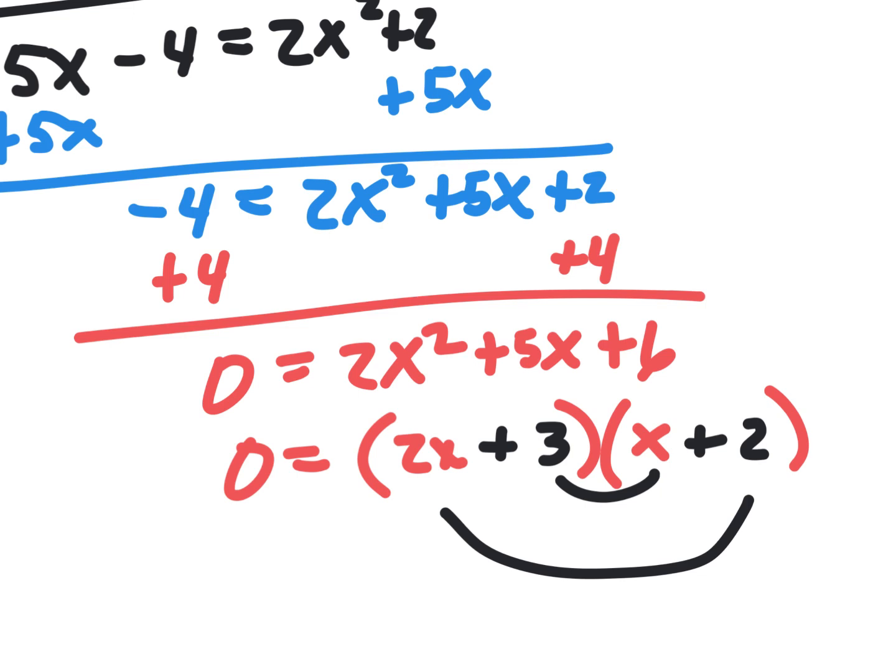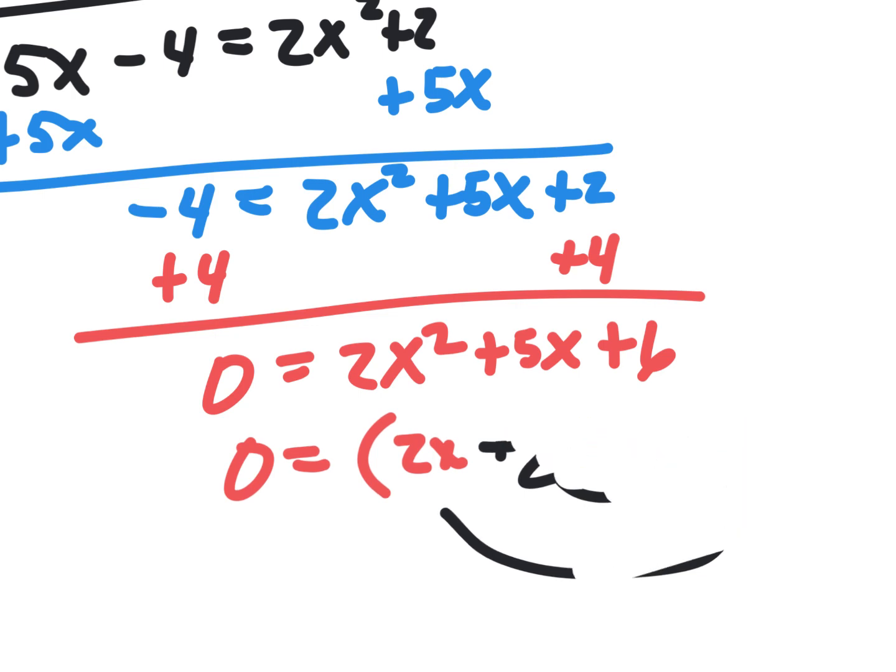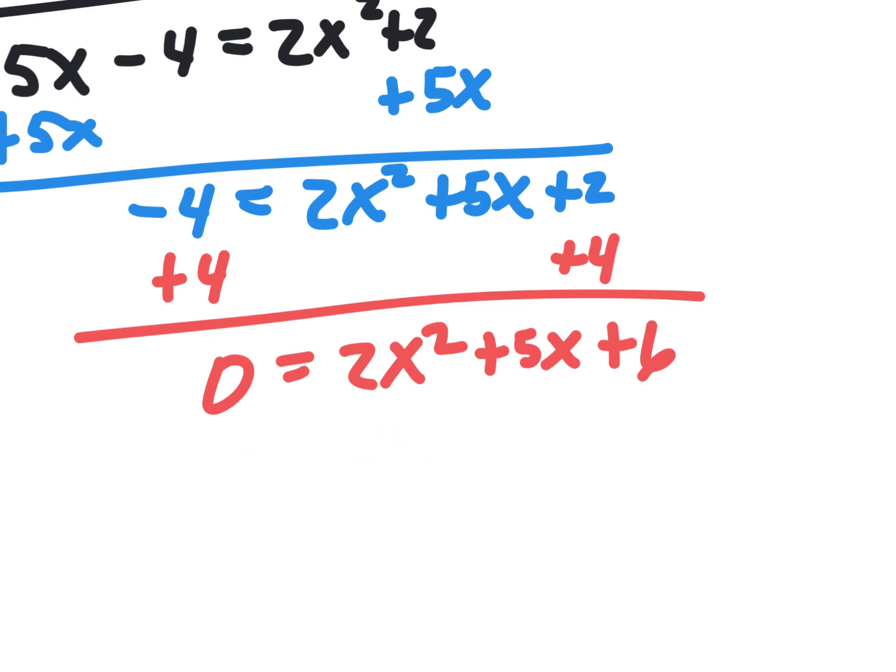It's 7. If I switch it around, 2 and a 3, then it's going to be 8x. And if I use a 6 and a 1, it's going to always be too big. Dang it, can't factor it. What do? Say it, please. Quadratic formula. Do it.